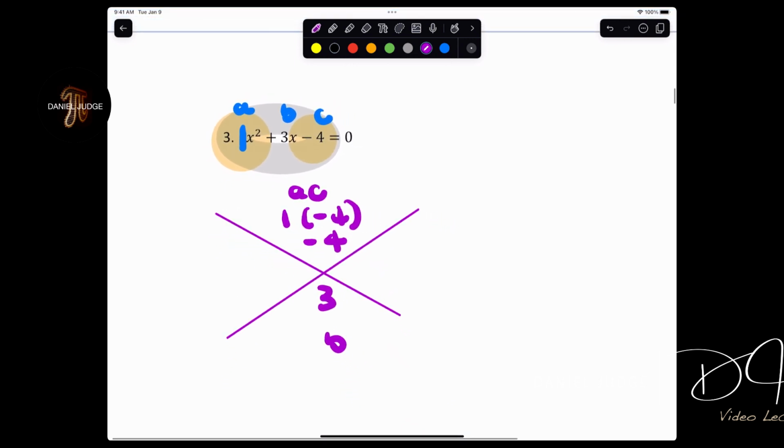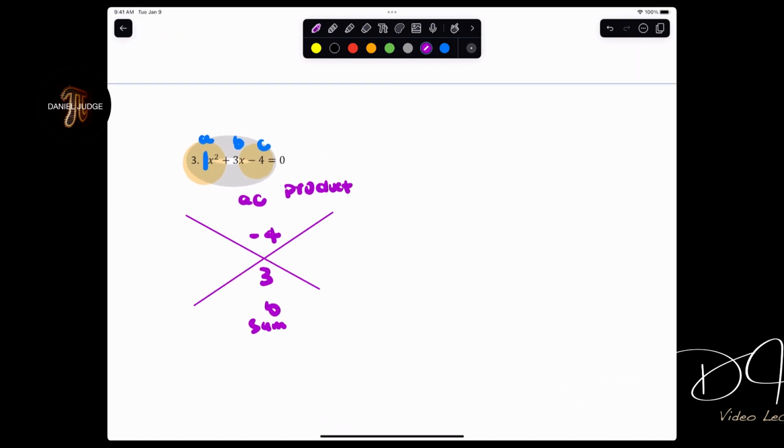We're going to put the numbers right in there. And remember, this portion here is the product. This is the sum. So we need two numbers now multiplied together whose product is negative 4, but yet whose sum is positive 3.